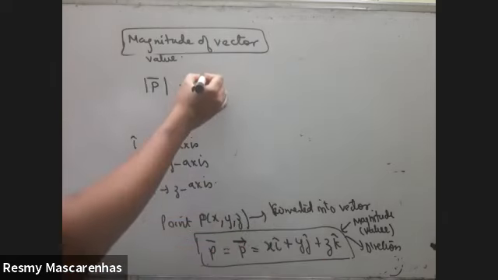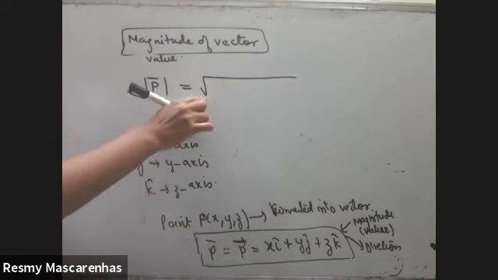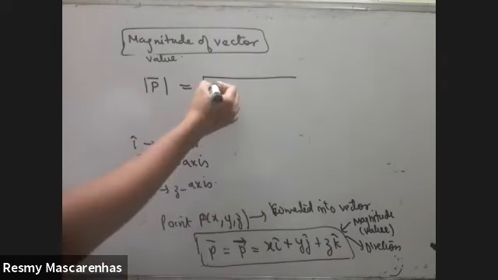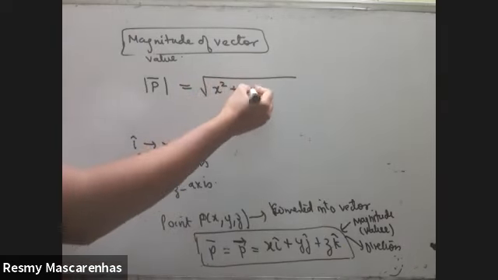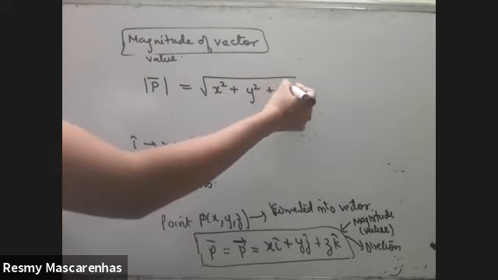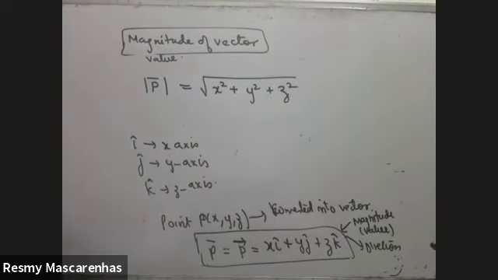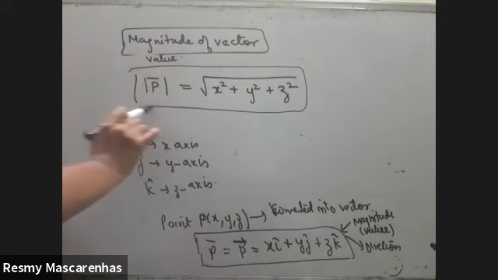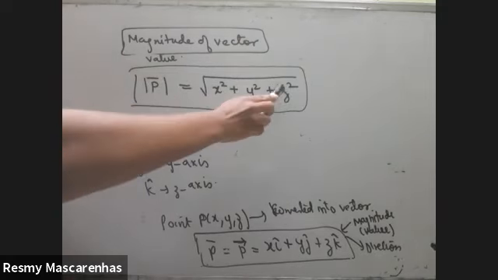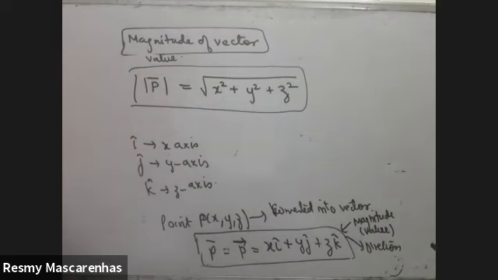Whenever I want to remove the direction, this is a fixed formula: root of all the coefficients squared. x square plus y square plus z square. This is the formula for the magnitude of a vector. Keep this in your head. If the z-axis is not there, then the answer will be only x square plus y square.